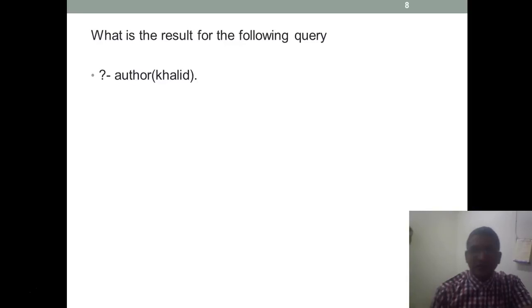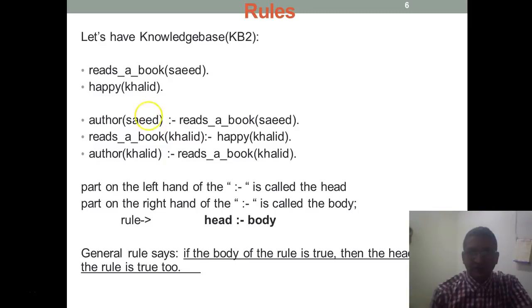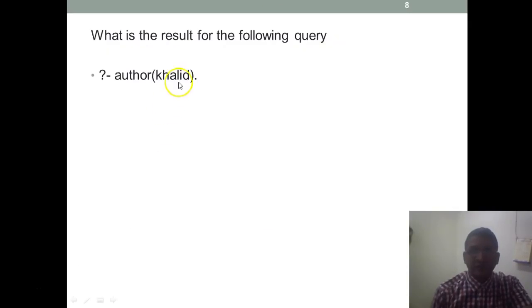Now we look at the query author Khalid, which means we want to ask Prolog: is Khalid an author? If you look at this knowledge base, we don't have the information that Khalid is an author. So what does it return? It will return true. How will it return true?